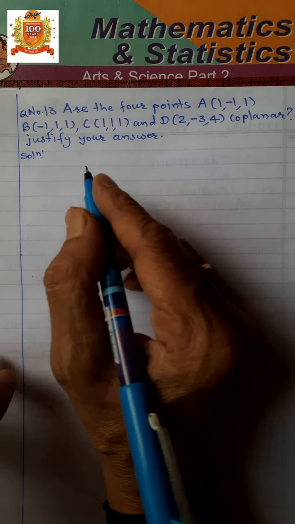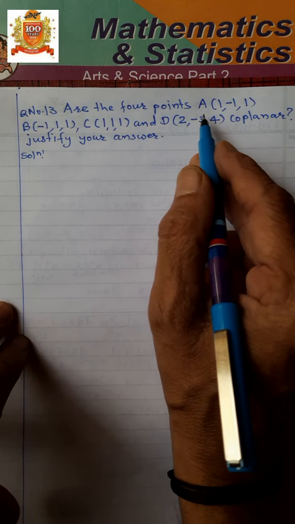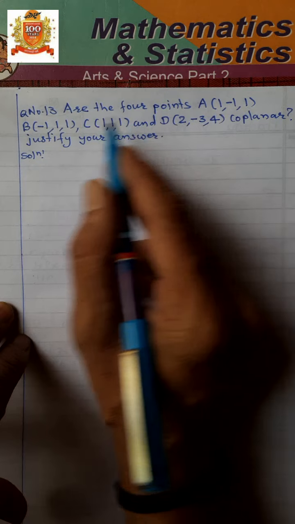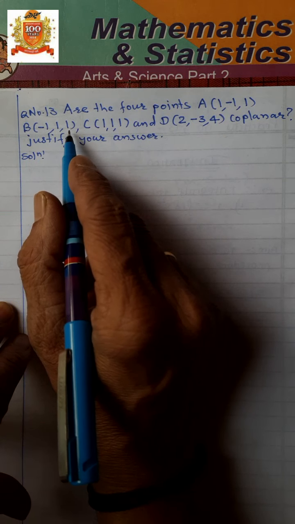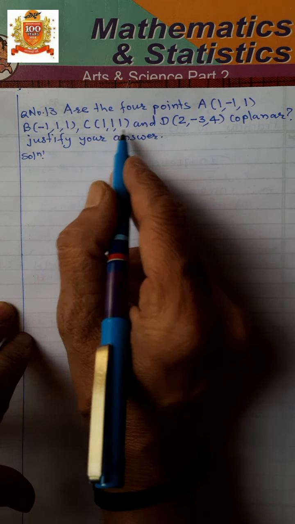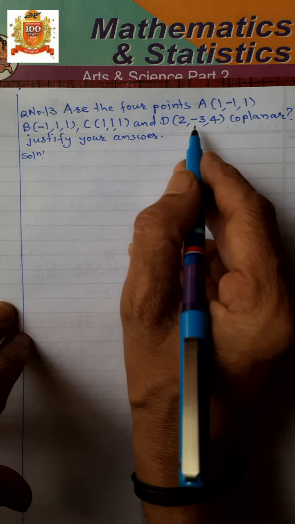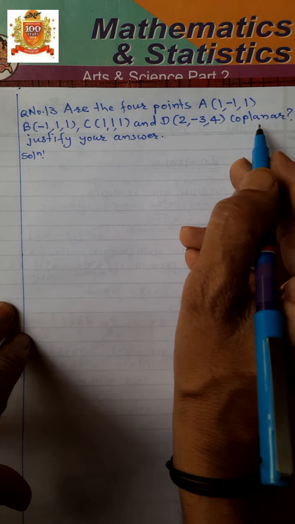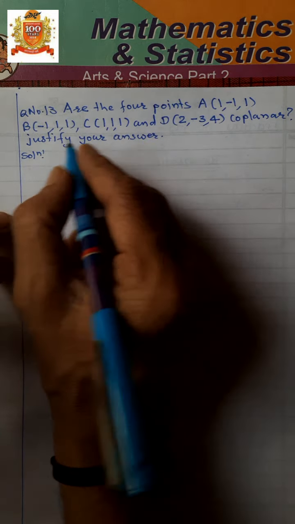Let us see question number 13. Are the 4 points A(1, minus 1, 1), B(minus 1, 1, 1), C(1, 1, 1) and D(2, minus 3, 4) coplanar? Justify your answer. Solution.